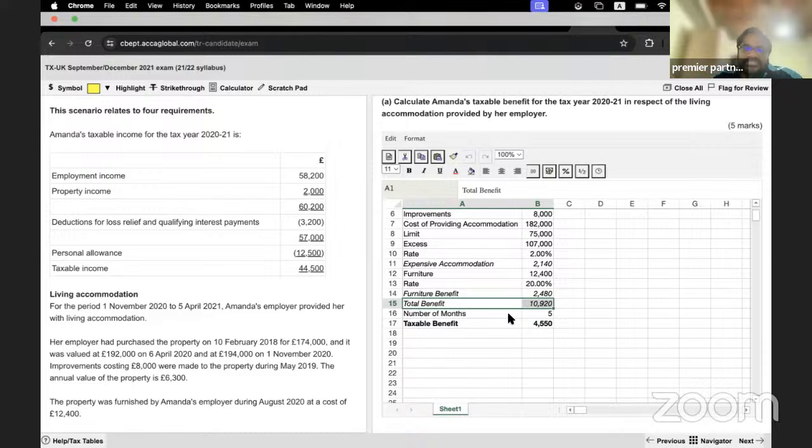Why don't we time apportion the NIC rate? Why didn't we time apportion the rate is because the limit we time apportioned, the rate we don't need to, that we can use as it is because even if it is for 1 month, we will have to apply the same rate for NIC purpose. Even the other tax rates are like that, right?